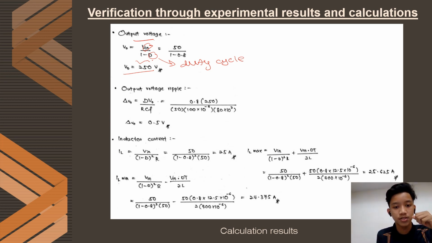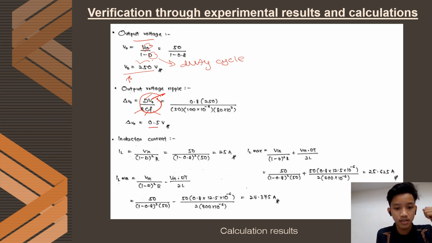For the output voltage ripple, this is the equation we must follow: duty cycle multiplied by the output voltage, divided by the resistor, capacitor, and frequency. We calculate, then we can get the output voltage ripple.